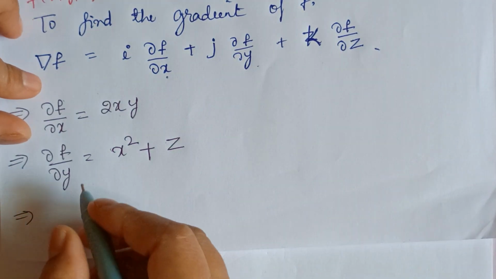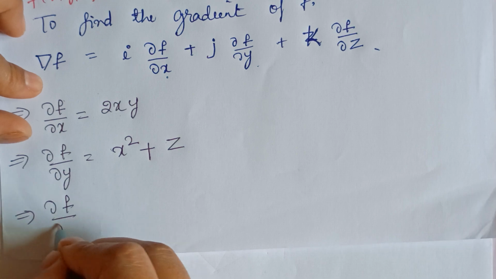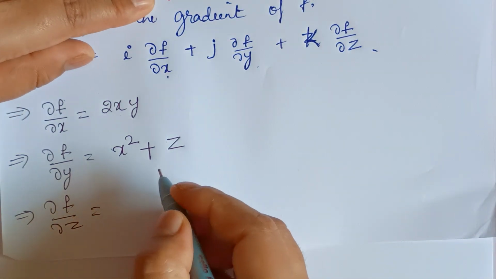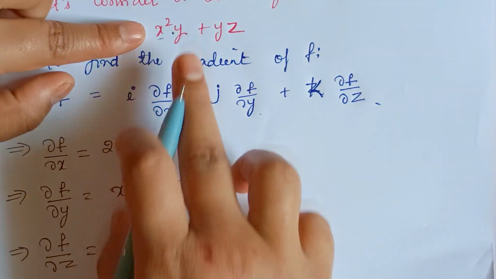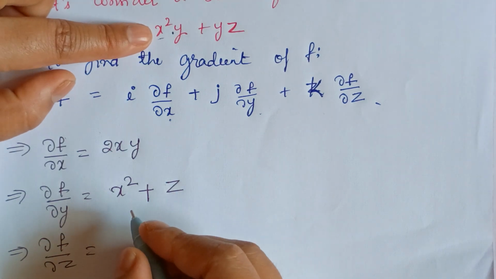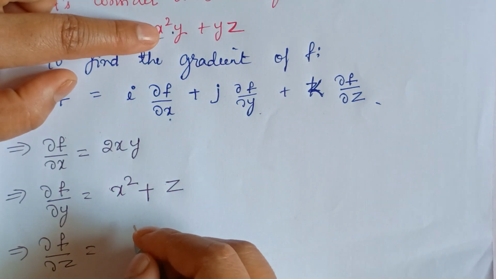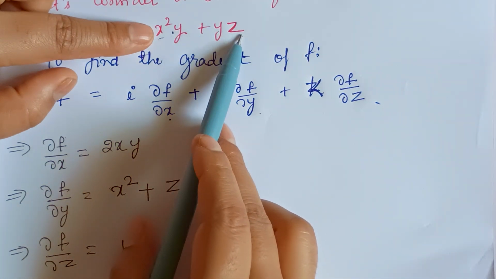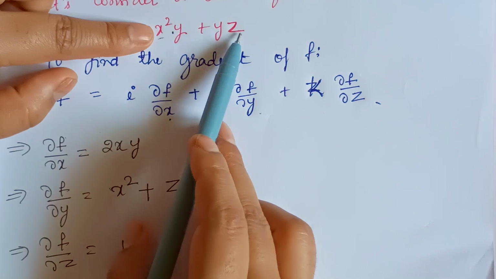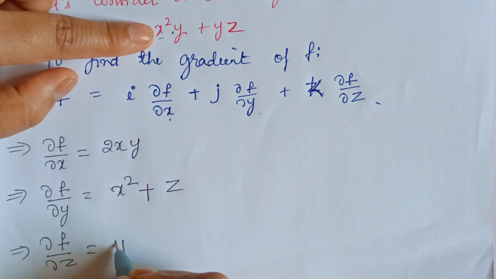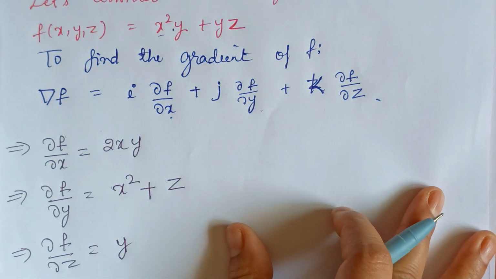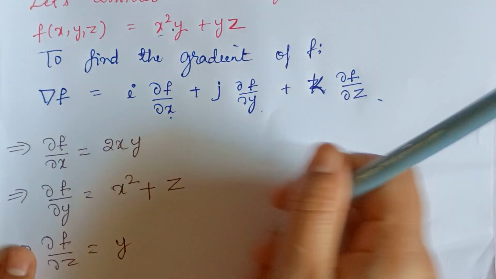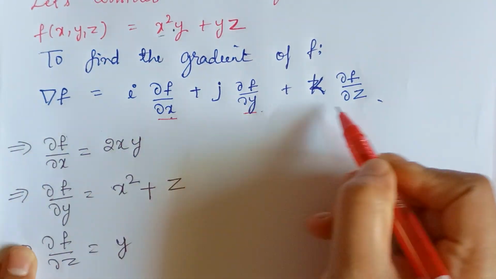Now the partial differentiation of f with respect to z. You don't have any z term in x squared y, so this is 0, plus yz partially differentiated with respect to z is just y. We got all three values.